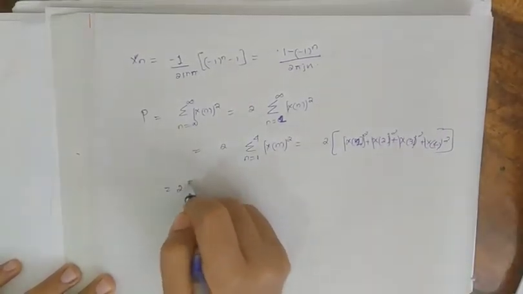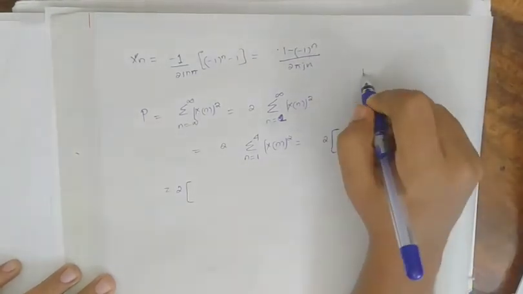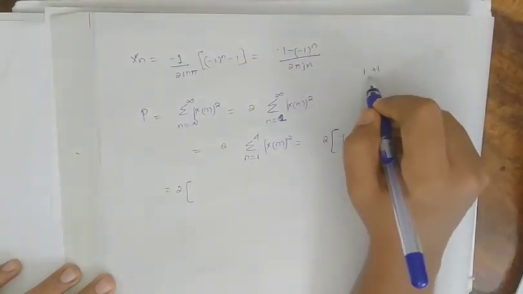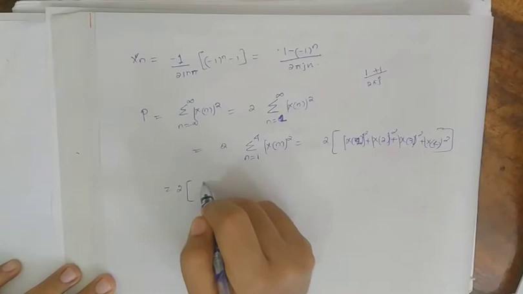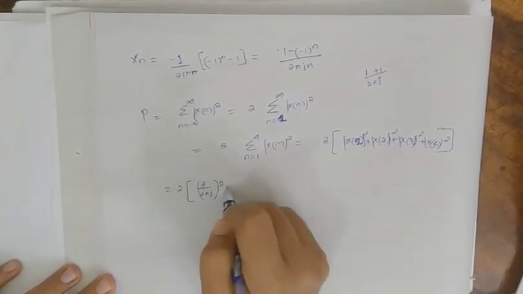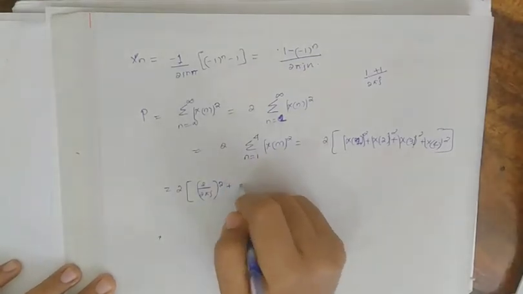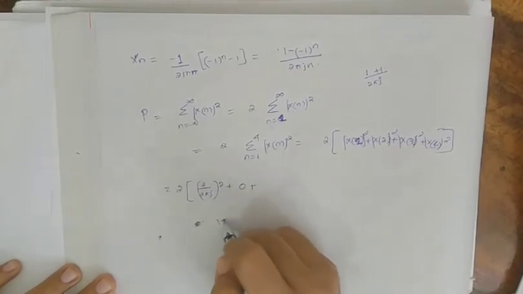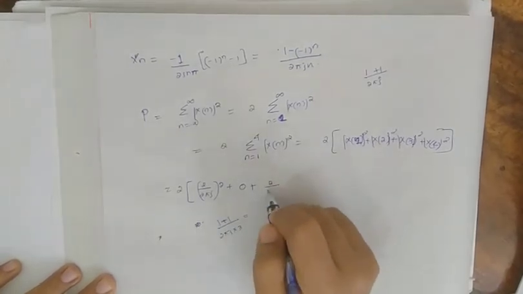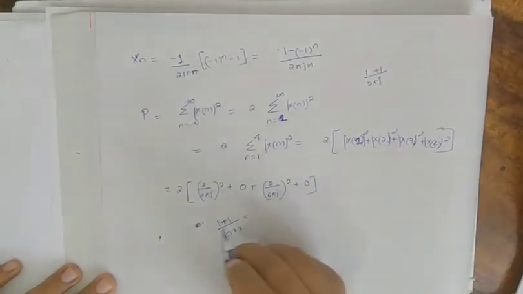Now what is x of 1? When n is equal to 1, we will get 1 minus minus 1, that is 1 plus 1 divided by 2πj, the whole square, plus x of 2, which we will get as 0, and x of 3, that is 1 minus minus 1 only, that is 2 divided by 6πj, the whole square, plus again 0.